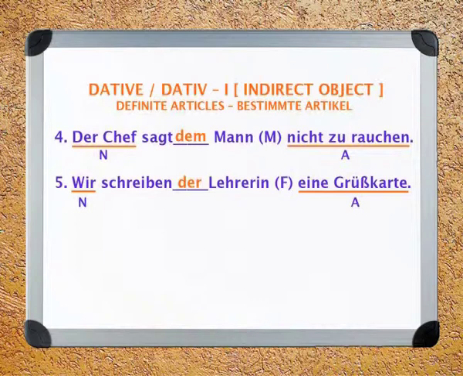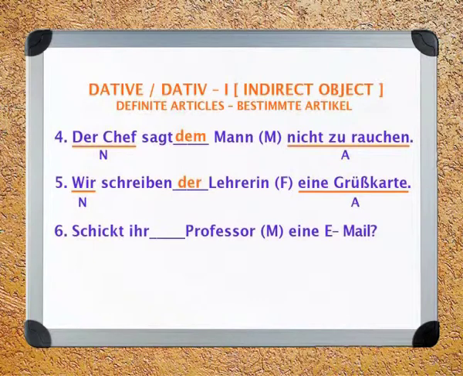Now let us look at sentence number 6. Schickt ihr Professor eine E-Mail? Here, as you see, it is a yes or no question, because the verb is at the first position. Now schickt comes from the word schicken, which means to send. Now the verb is conjugated according to the pronoun ihr. So who sends? It is ihr.